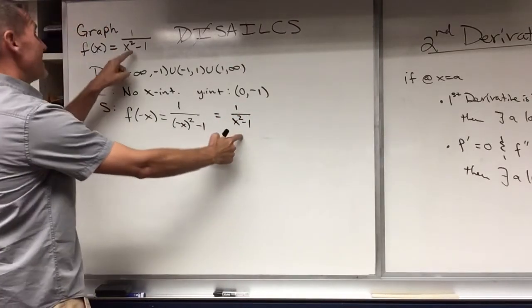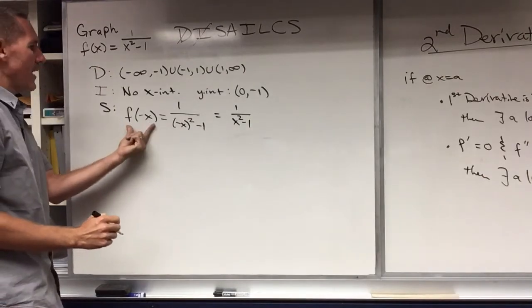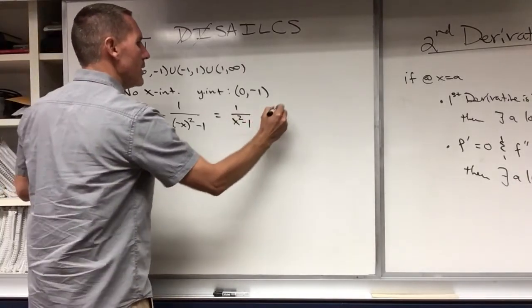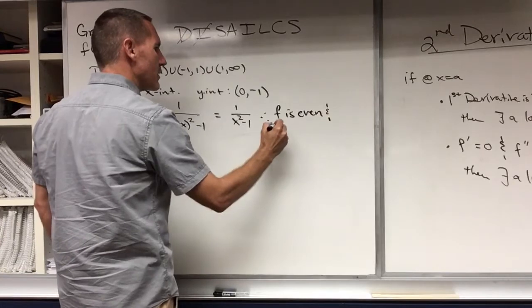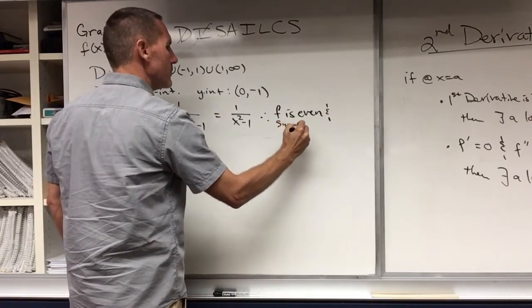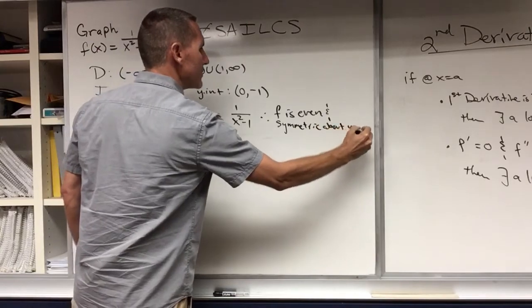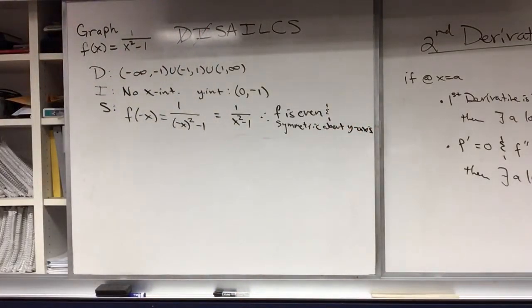So this is the exact same thing that f of x was equal to. So I'm given that f of negative x equals f of x, therefore f is even and therefore symmetric about the y-axis.